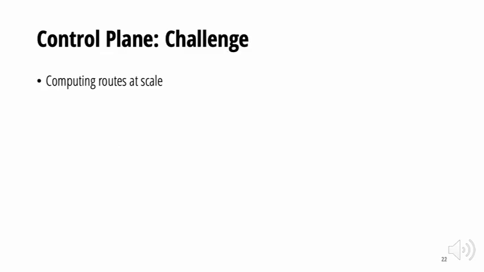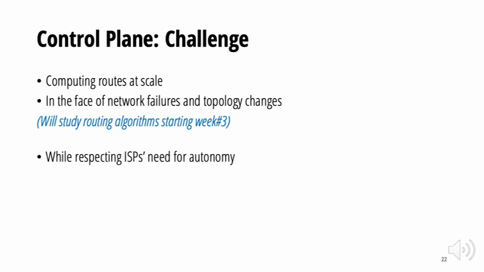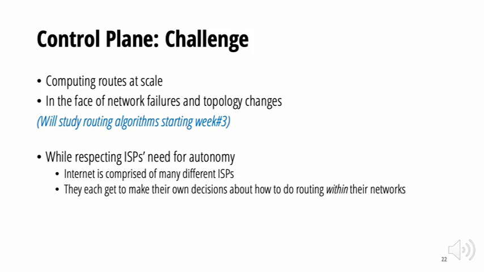So control plane challenges: computing routes at scale as links go up and down and the topology changes. This is going to be the topic we study when we talk about routing algorithms. How do we have these highly dynamic, scalable routing algorithms? Something I've not actually even brought up here is that we have to do that while respecting ISP autonomy. If you remember from last lecture, we said the internet is comprised of a large number of ISPs. They act independently.